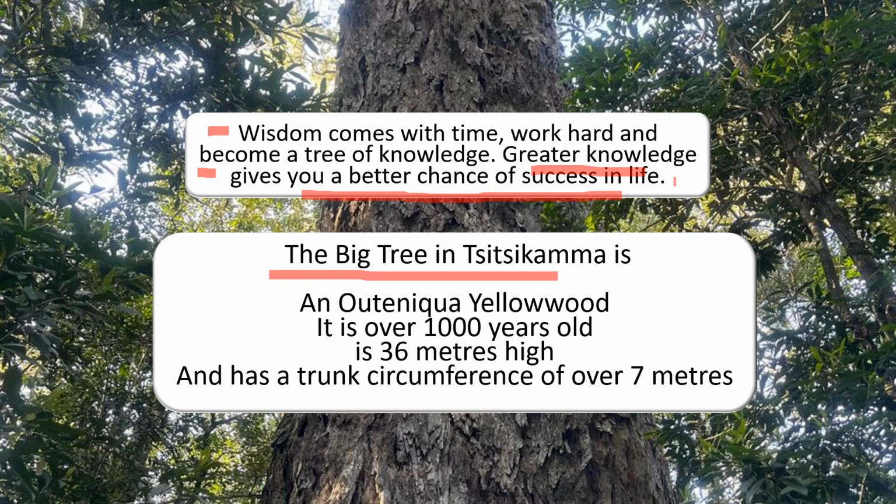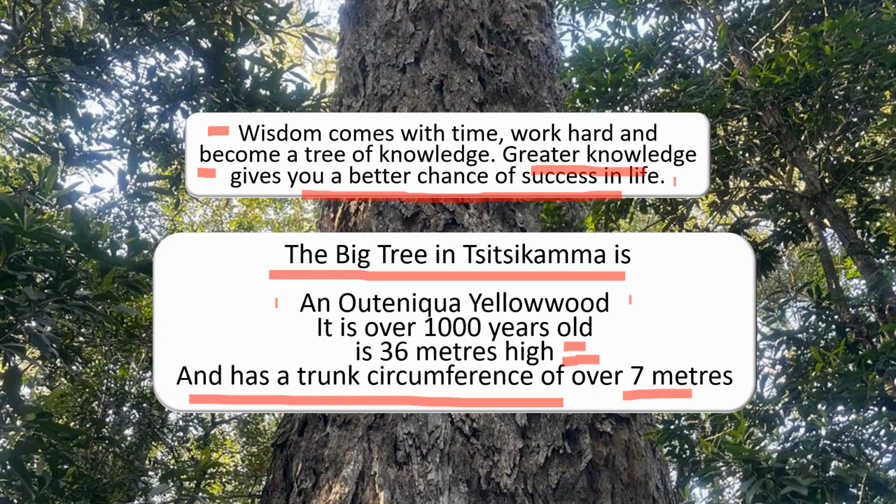The big tree in Tsitsikamma that you were on the path to in the first slide is an Outeniqua yellowwood. It's over 1,000 years old, over 36 meters high, and it has a trunk with a circumference of over 7 meters.